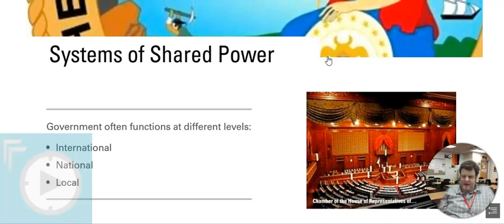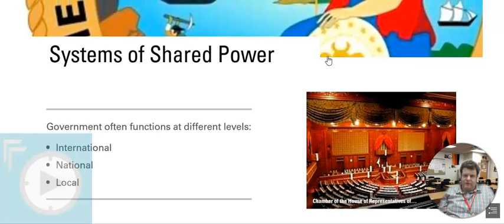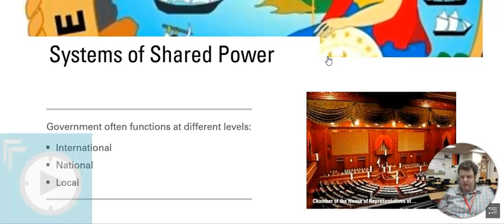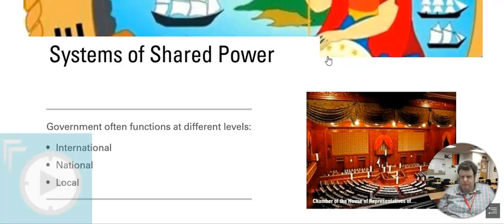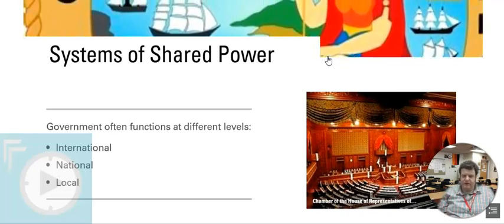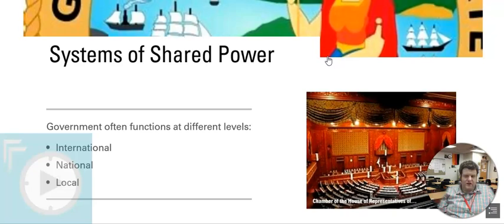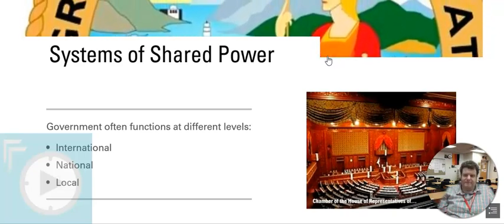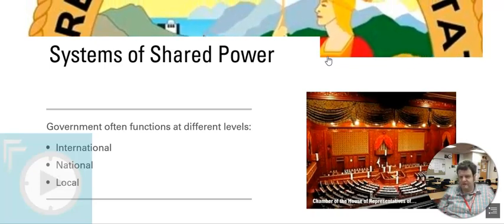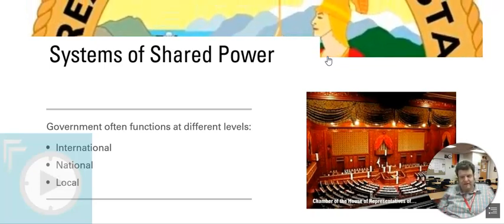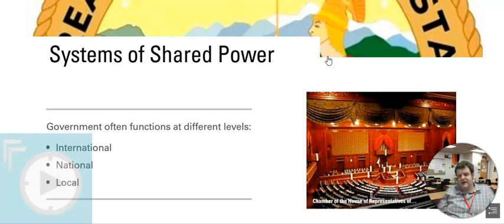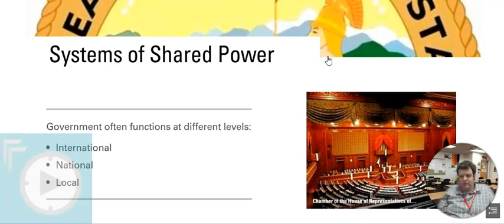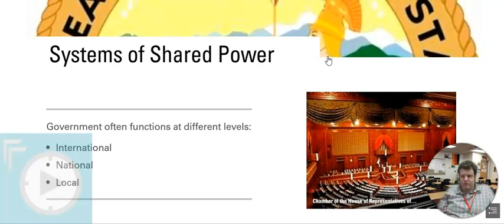When we go down to the national level, we're talking about the authority within a country's borders. So like the US government located in Washington, D.C., they make policies and rules and laws that impact the entire United States, from the Aleutian Islands in Alaska down to the islands of Key West and Puerto Rico. They make the rules and the laws for all of these places.